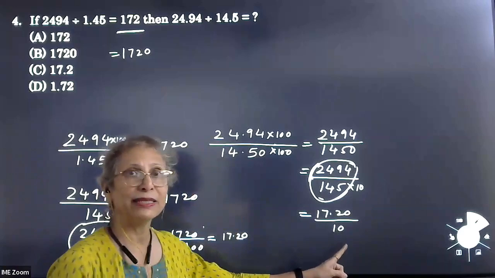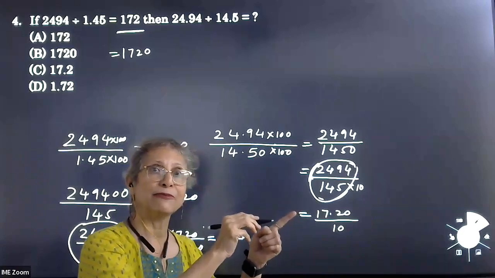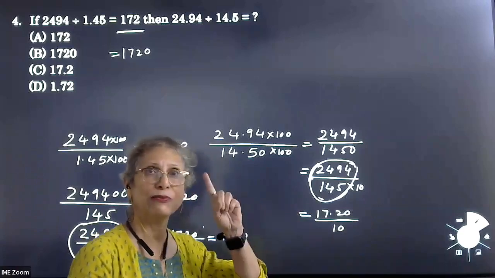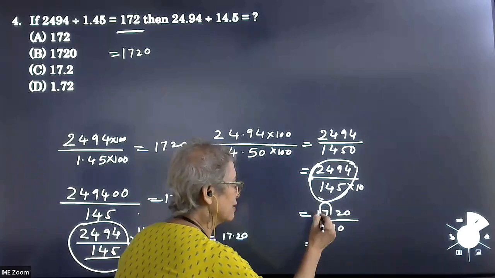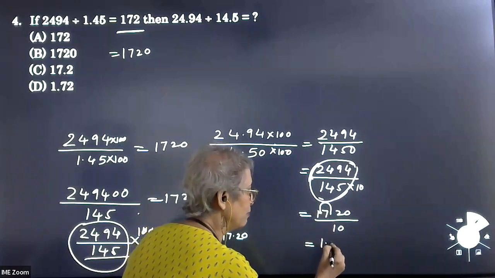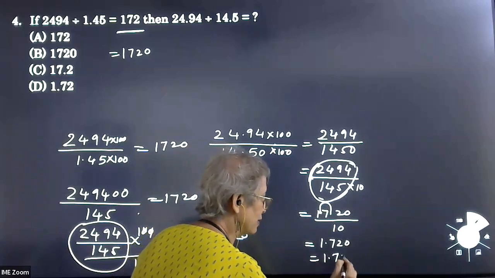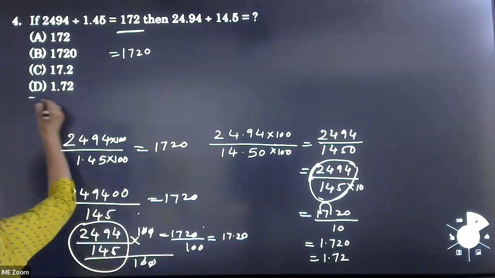Now we are dividing by 10. Dividing by 10 means shift the decimal point towards the left. How many places? Because here there is 1 zero, so only one place. And therefore this decimal point will go here. And the answer will be 1.720. This is nothing but 1.72. And here the answer is D.